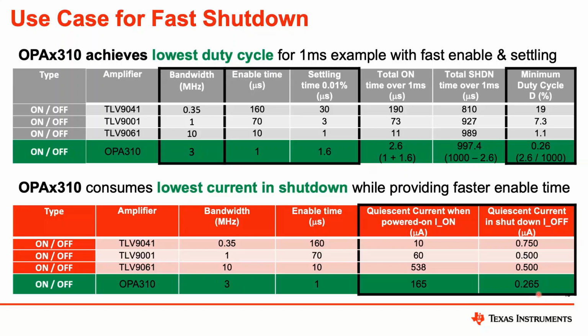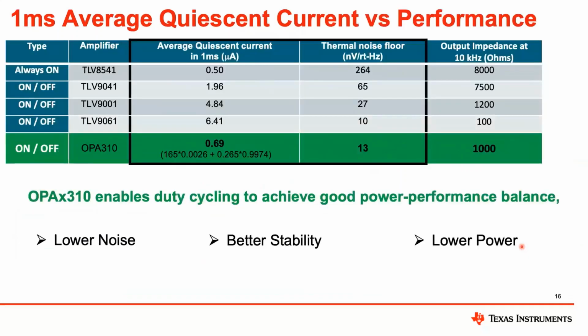As you can see, the OPA310, which is the single channel device, has just 265 nanoamperes of quiescent current in shutdown when compared to the rest of the amplifiers shown here. What does this actually mean? Now you take the on current and the off current and average it over the on times as well as the off times over the 1 millisecond time frame.